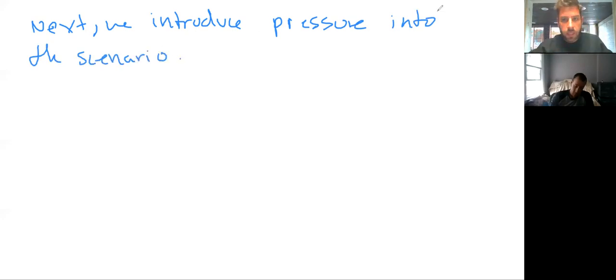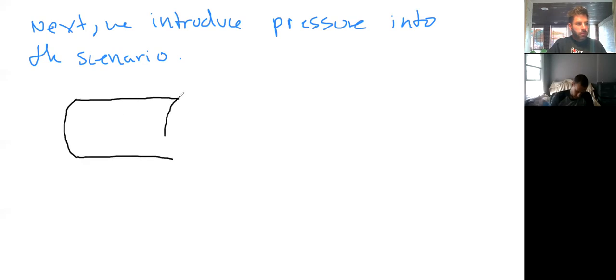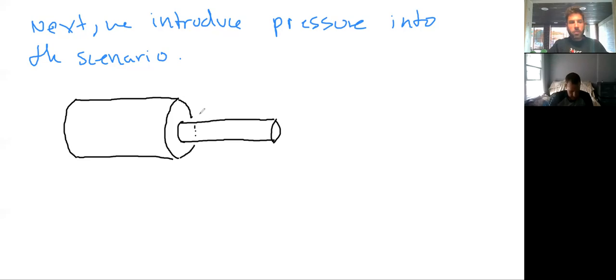So again, we have the same model we want to imagine we're working with. You have some sort of pipe or hose, and you imagine it flows into a smaller pipe or a smaller diameter hose.